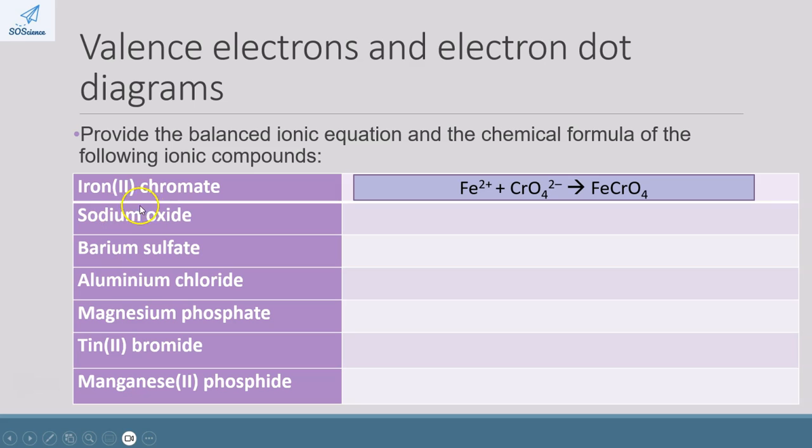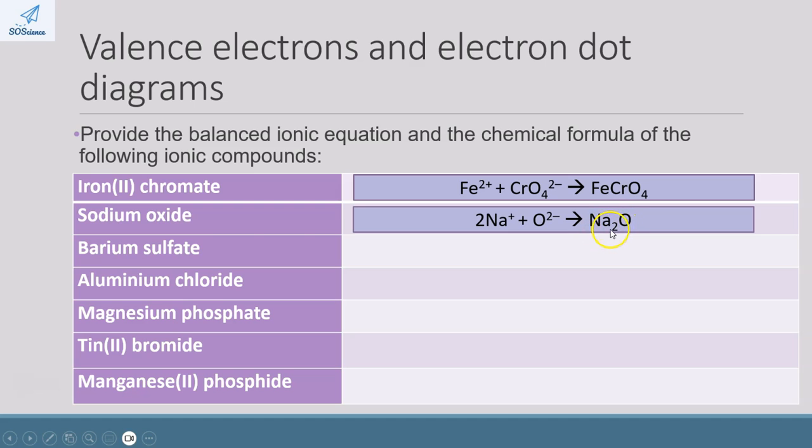Let's look at sodium oxide. So the sodium ion is Na plus and the oxide ion is O2 minus. That is going to create Na2O. But if we now go back to our ionic equation and try to balance it, we can see that we need 2 Na pluses in order to balance out an O2 minus.